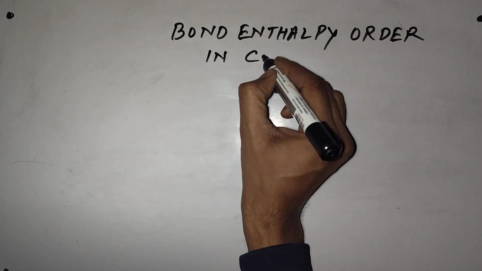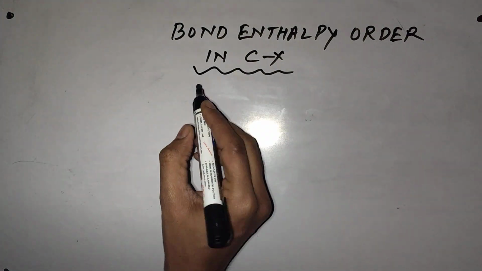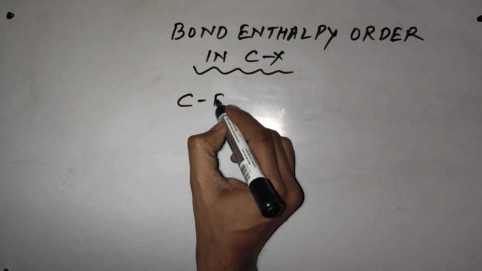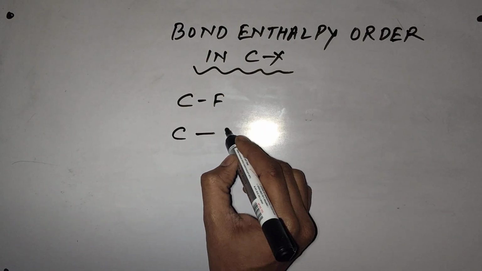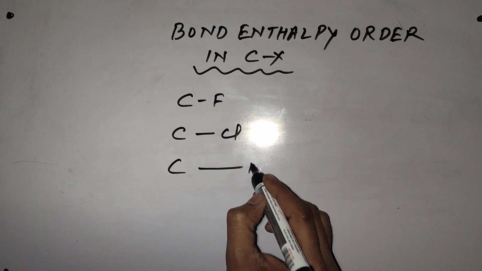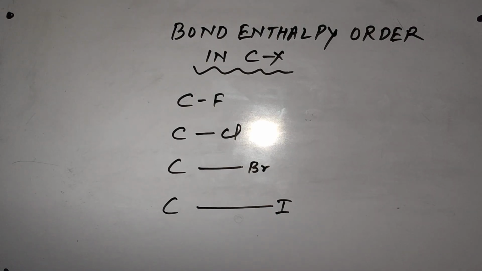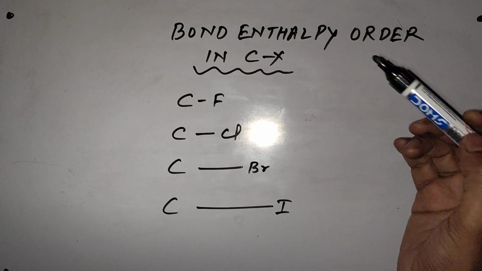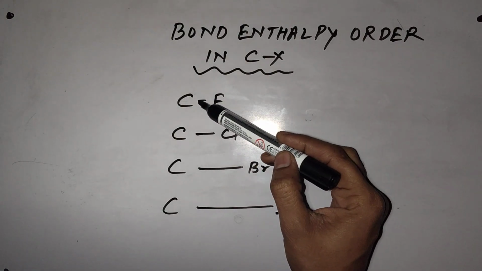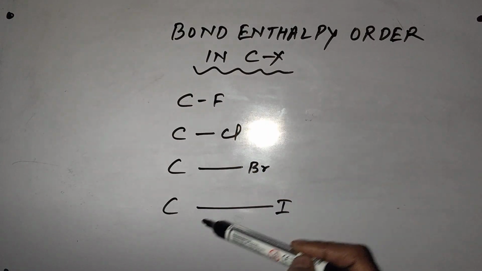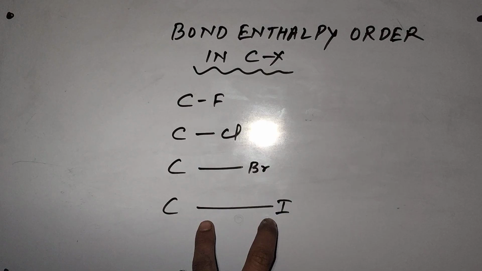In C-X: C-F, C-Cl, C-Br, C-I. You can see I made the C-F distance shorter and the C-I distance longer.